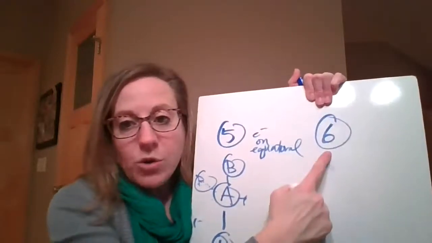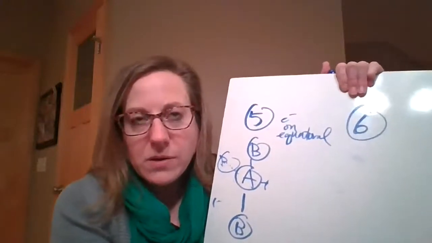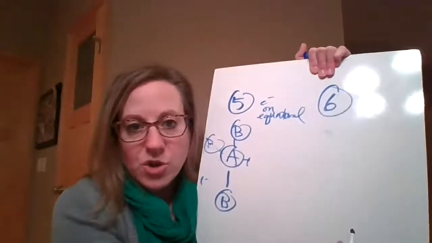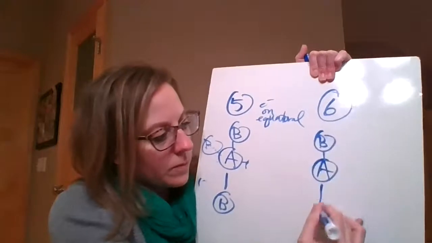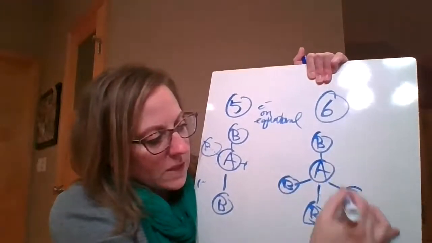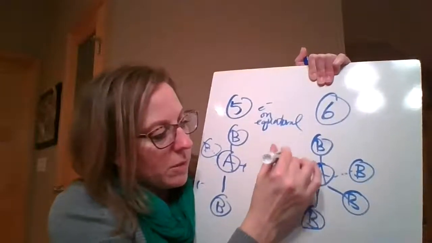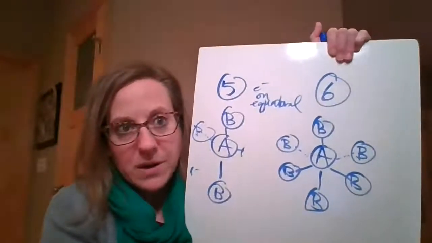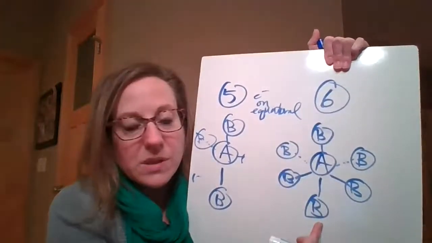If there are 6 domains, though, then you always put the electron pairs, if there are some, in the axial positions. So your base shape for 6 domains is octahedral. Sorry, that's our dishwasher beeping. And if you have electron pairs that are going to take some of those spots, we end up putting those on the axial positions.